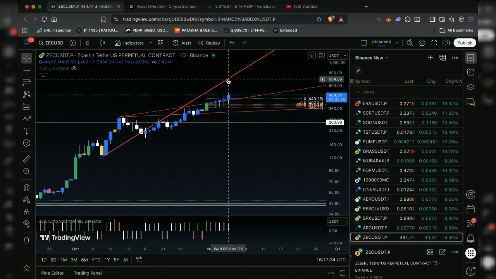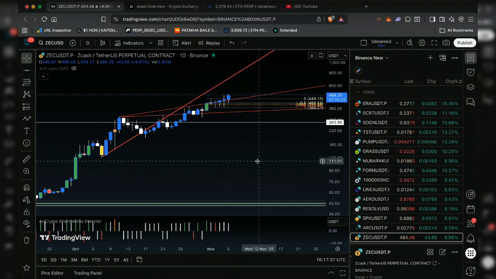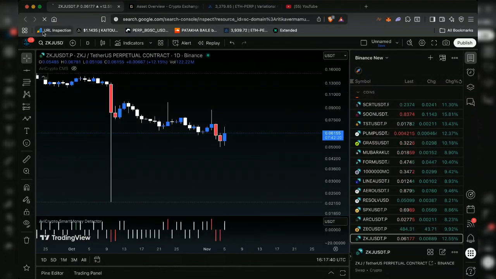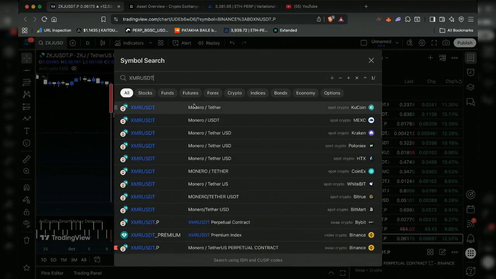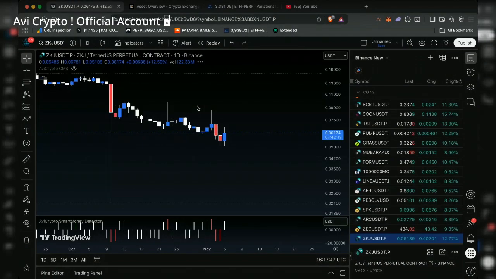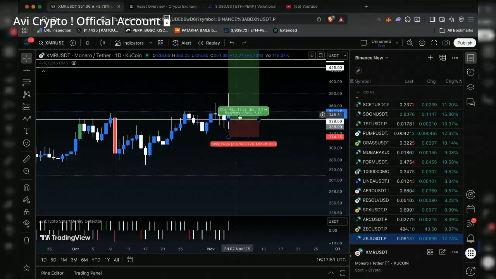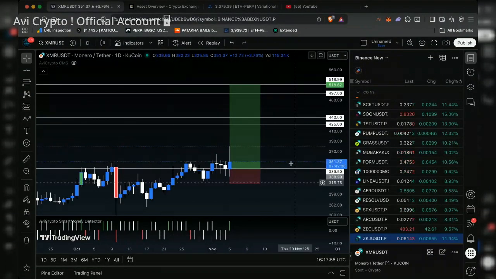I don't think it will pump like this, 690 or something. Okay, XMR I gave you. I'm not sure if you are into it or not, but XMR I gave you, and I hope that one is doing good. Let me just check. Yes, it is still at that level. This setup was exactly given, and this is still at that level.